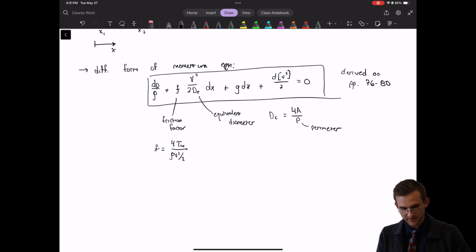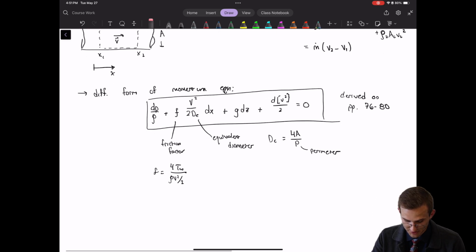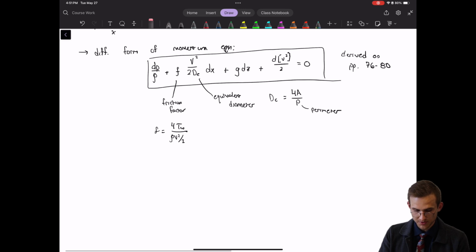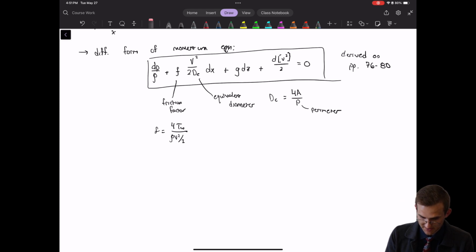So the reason why I brought this up after doing that short 1D steady flow example, which actually leads to this differential equation just after more derivation work, is that I wanted to note the similarity of this equation with the pressure energy equation. So if we compare the same terms, the pressure energy equation is the following. So here, I'll reproduce it really quick.